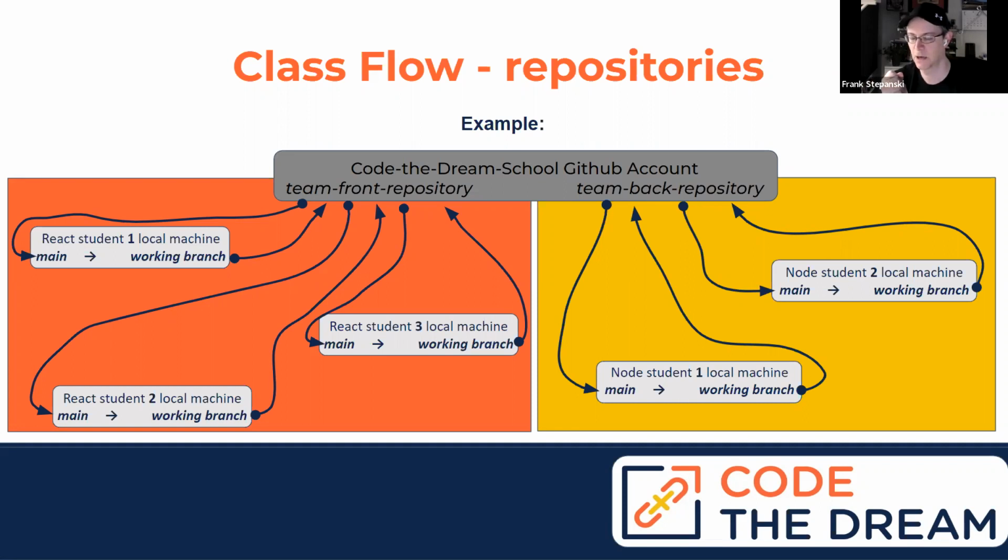What that means is that students working on the front end have to have a copy of their own repo for the front end, but also a copy of the back end. So I'm going to write some notes and a couple of little examples in both repos.